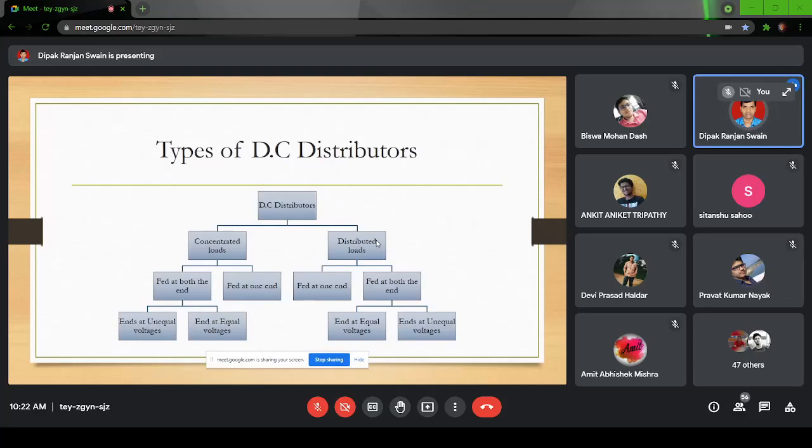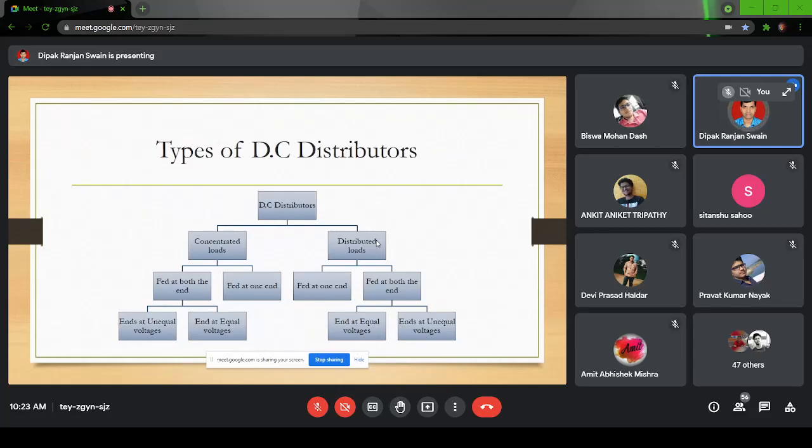There, we took the total resistance R as distributed over n kilometers, and each section is considered as R by n. Similarly for the inductance and capacitance. That increases the calculations very much, but it is more accurate compared to the concentrated type.